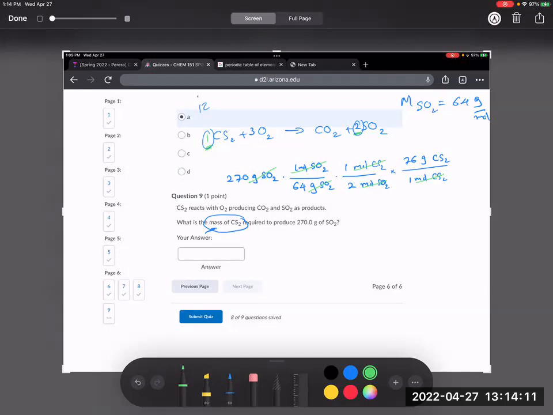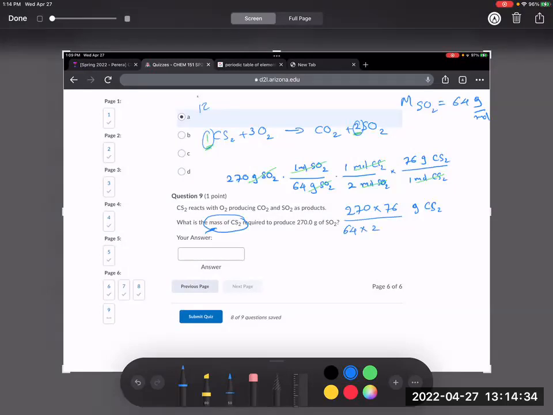Now let's plug and chug these values. We have 270 multiplied by 76 in the numerator, and in the denominator we have 64 times 2.